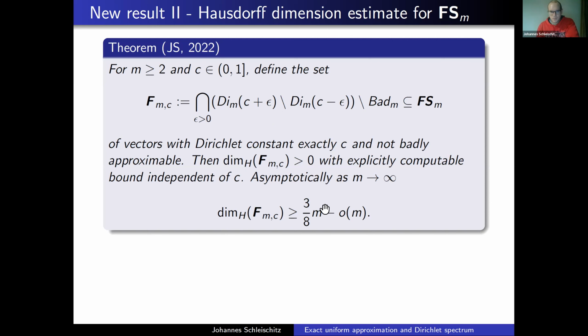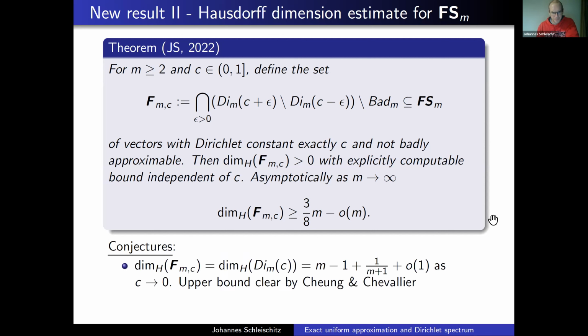I mean, it's possible to write down an exact bound, but it would not be too nice. But asymptotically, for large M, it would give you something like 3 over 8 times M. Here the conjectures are a bit further away from my result.